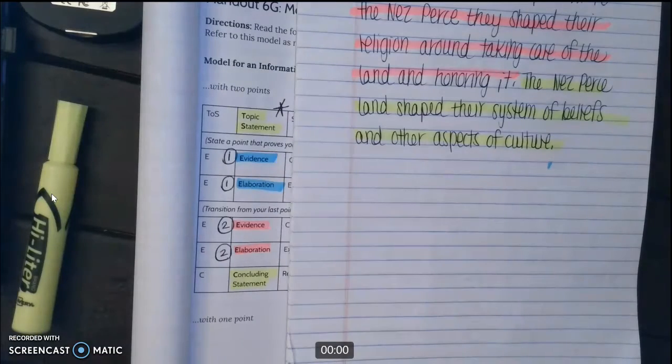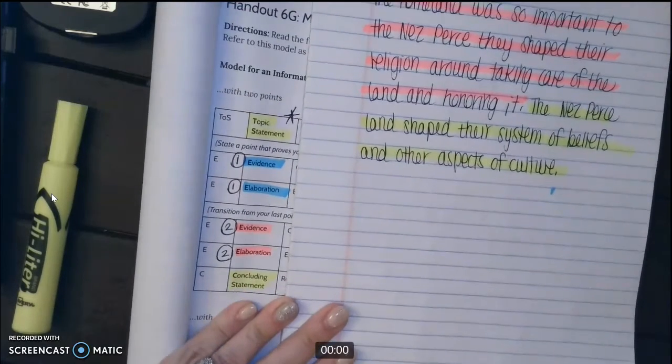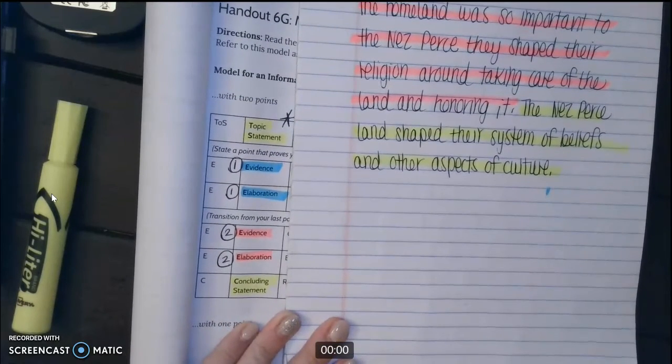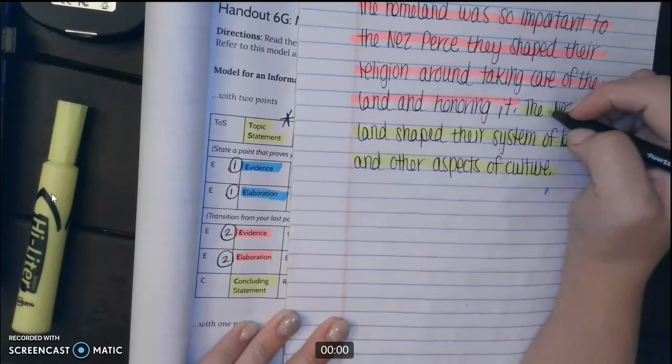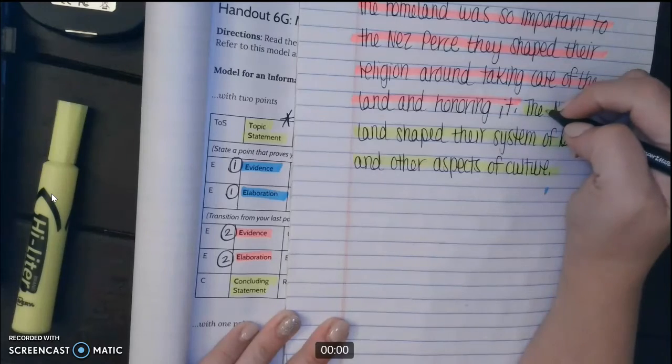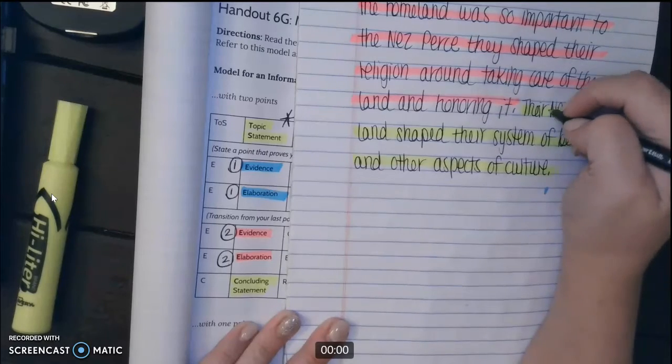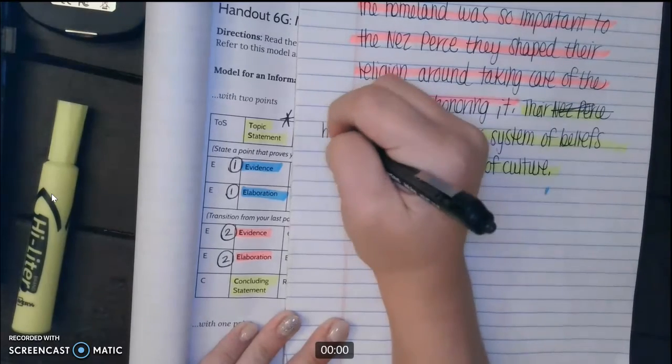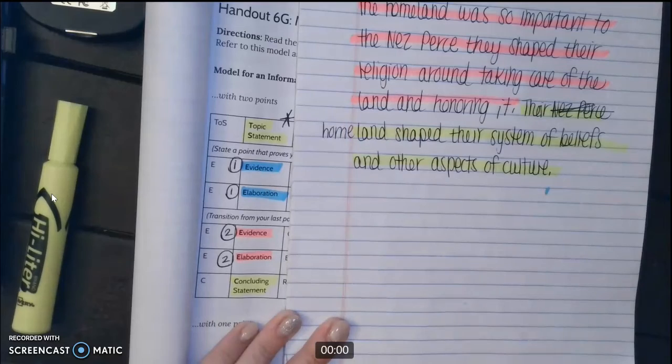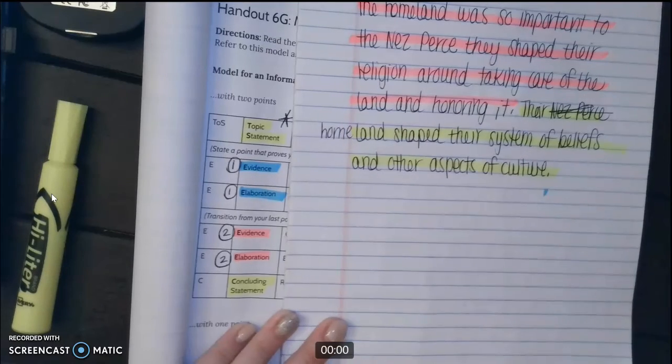The homeland was so important to the Nez Perce, they shaped their religion around taking care of the land and honoring it. The Nez Perce land, I could say this homeland, their homeland, I like that. Their homeland shaped their system of beliefs and other aspects of culture.